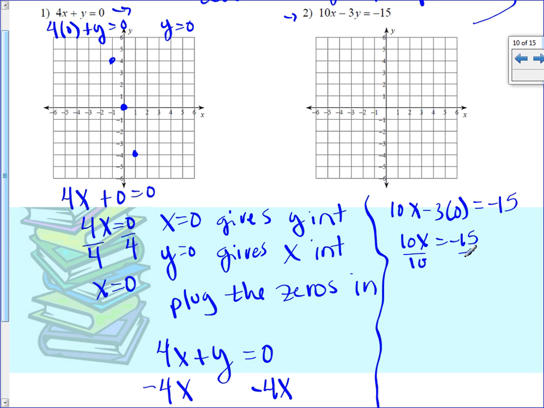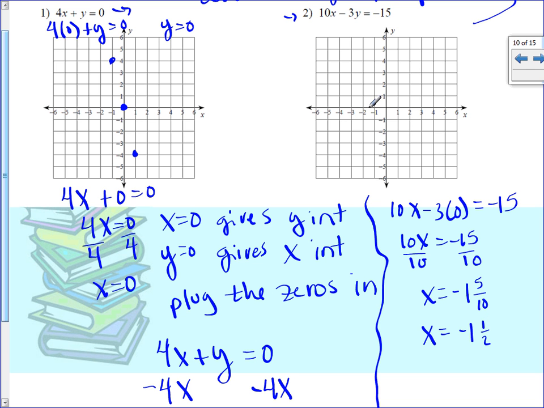Divide by 10 on both sides. x equals negative 15 divided by 10. 10 goes into 15 one time, we keep that negative, with 5 left over. 5 over 10 simplifies to what? 1/2. So it's negative 1 1/2, or negative 1.5.